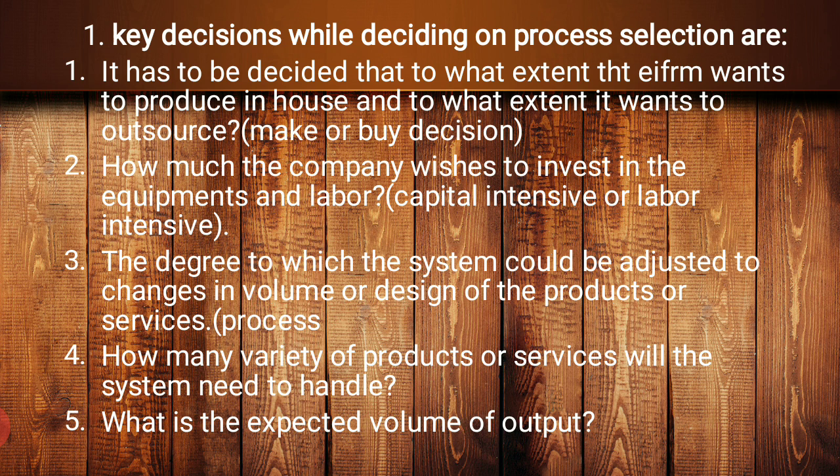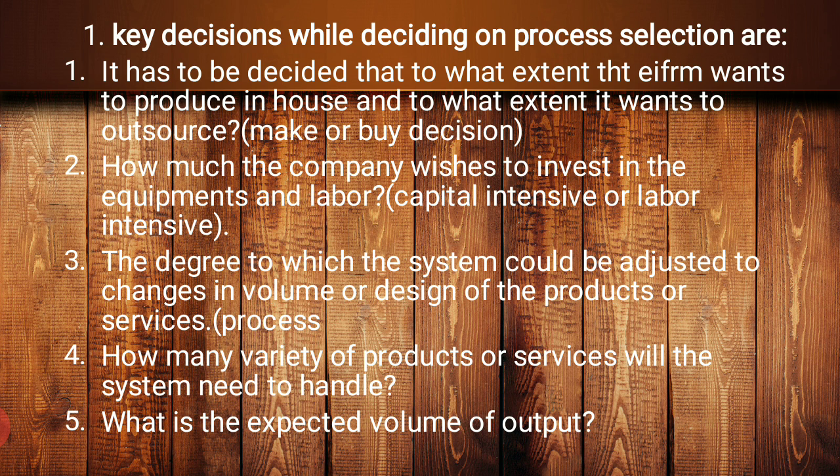With this process selection, do I have that much capacity to produce 200 units? Supposing it increases in the next month to 300 units, does my process give me the flexibility to make the changes?